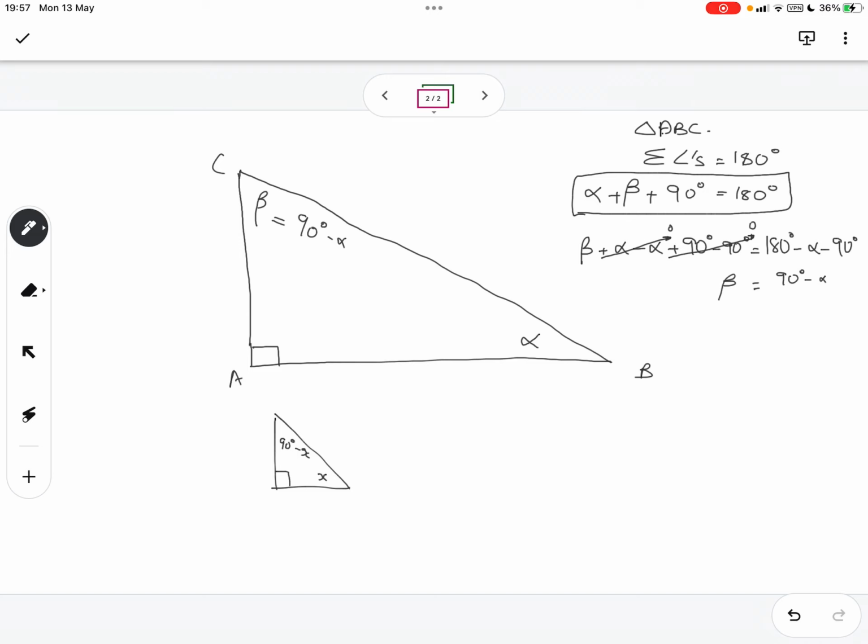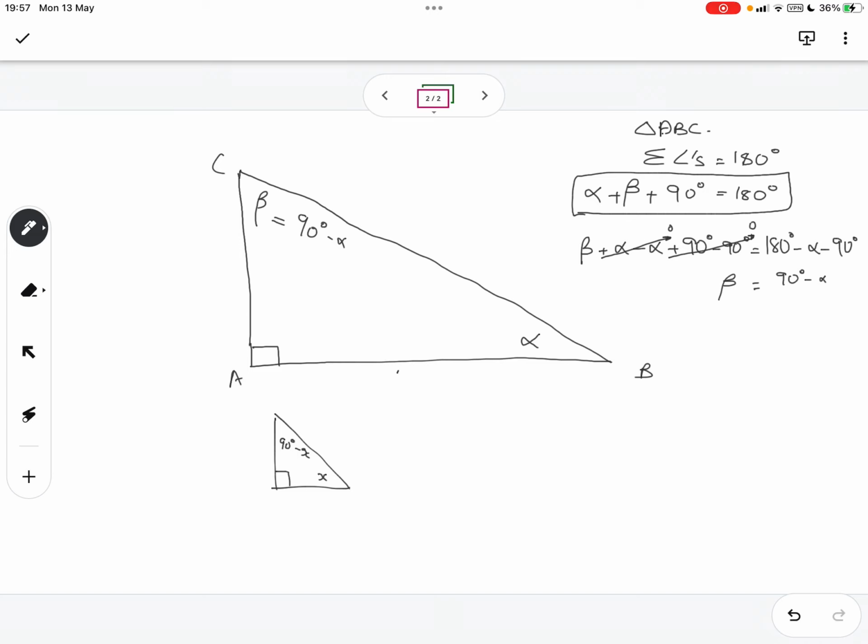So I just wanted us to get that out the way. The next set of discussions we're going to have is definitions of trigonometric ratios. Before we get into that, let's first discuss this here.